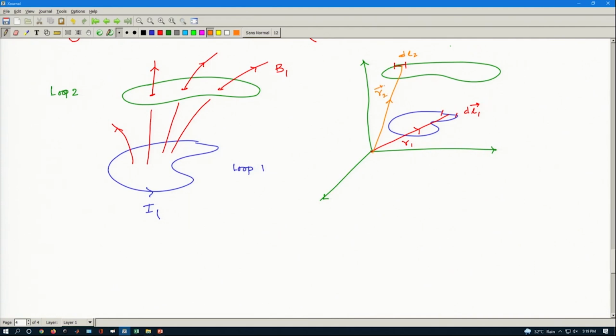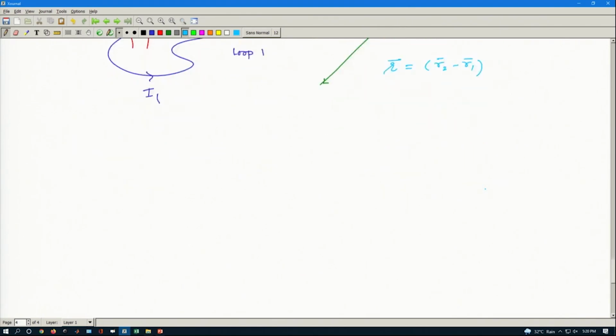The distance between dL1 and dL2, this length, in our notation is curly r, where curly r is R2 minus R1. Okay, that is the system we are having.